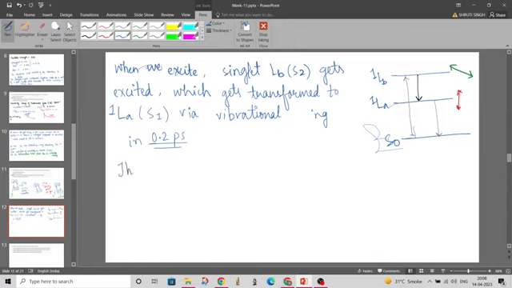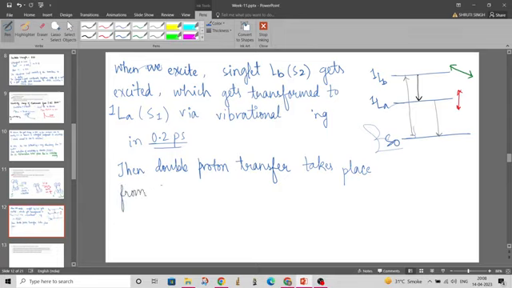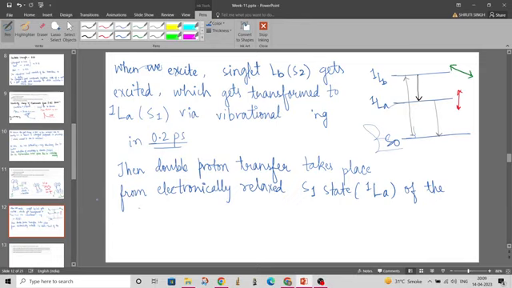after this, double proton transfer happens from the relaxed S1 state, from the electronically relaxed S1 state, or this 1LA state, of the dimer.